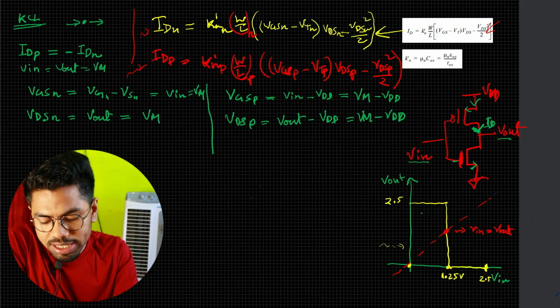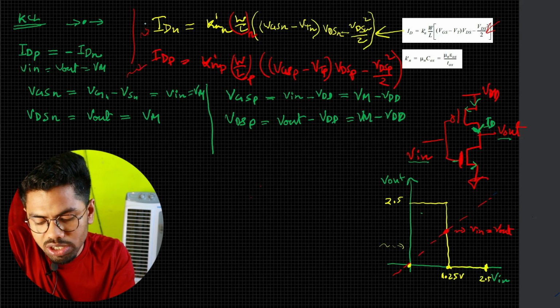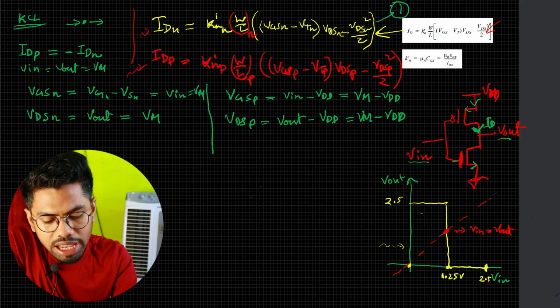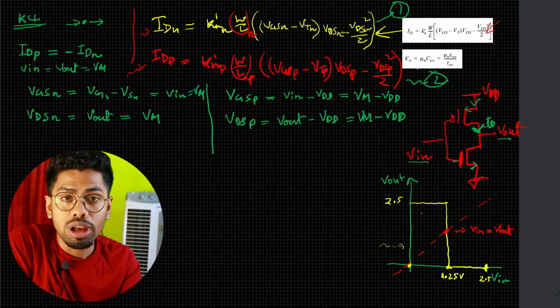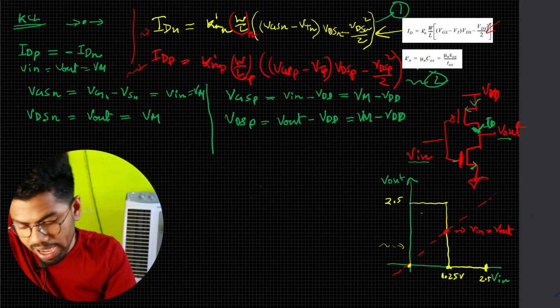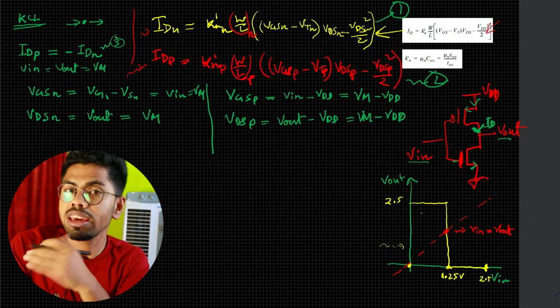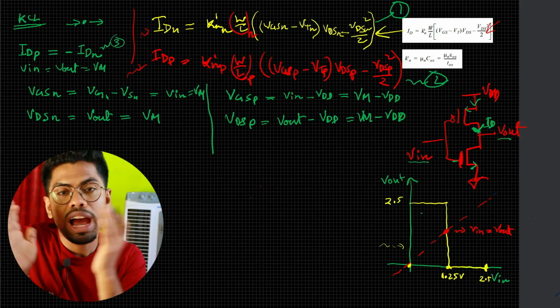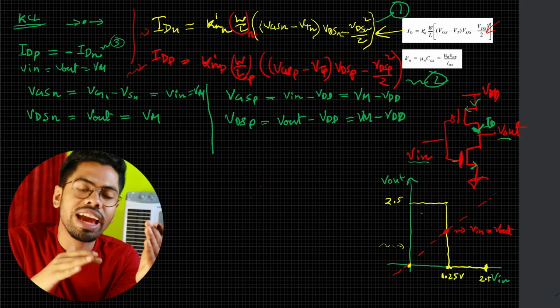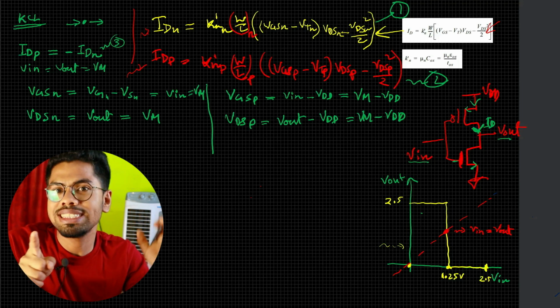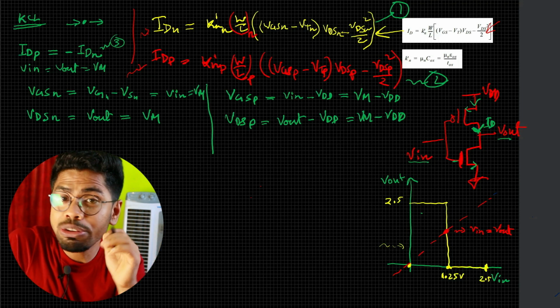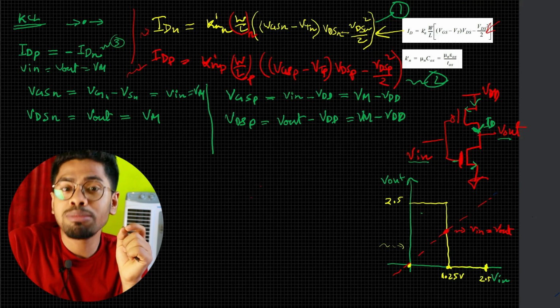Now I will put these voltages into equation number 1 and equation number 2. And after putting them, I also have my equation number 3, that IDP equals minus IDN. So IDP plus IDN should be equal to 0 according to KCL, right? But before putting them into the equation, let me do some more simplification.